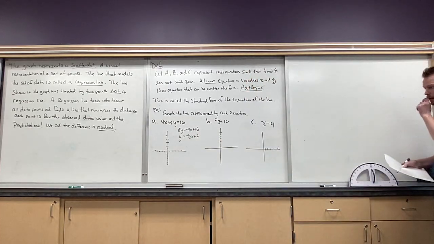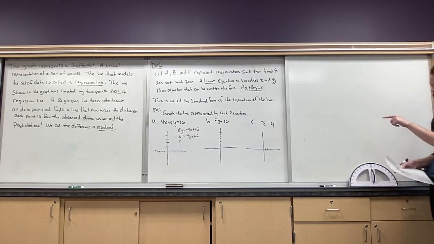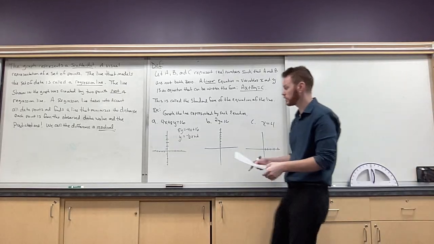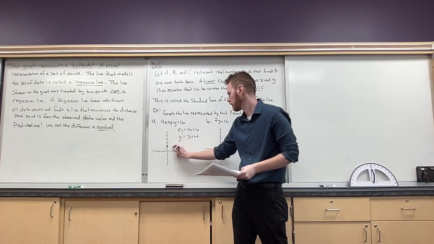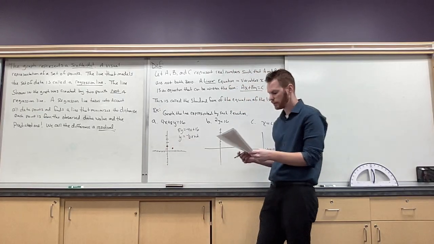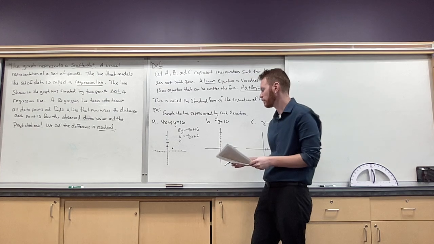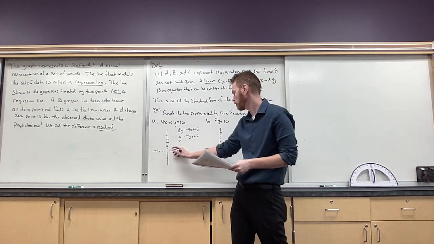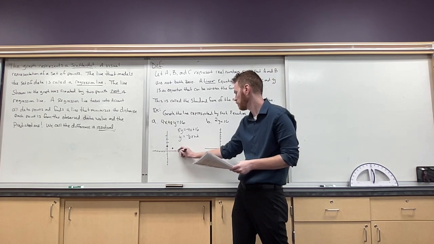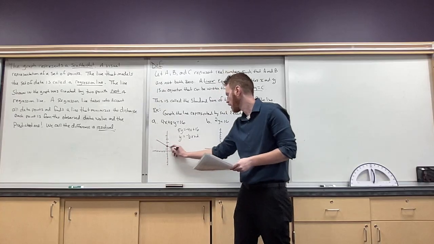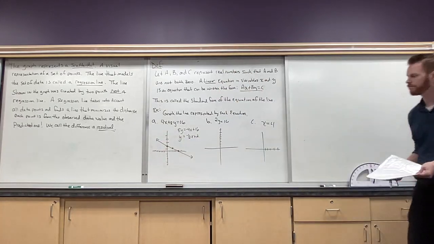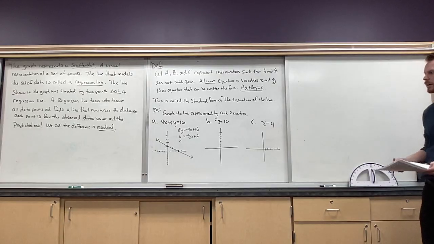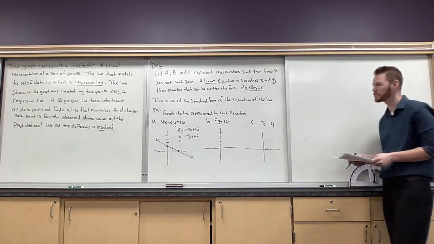Now that it's written that way, I can see the y-intercept quickly. So the y-intercept is going to be 2, and then the slope is negative a half, so down 1 to the right 2. And two points is good. If you want to get really accurate, you can plot more. So go down 1 over 2. You can plot one more if you want. And there's my graph. Okay. Which, again, nothing too groundbreaking. We've done that many times in your many years of mathematics in high school and middle school.